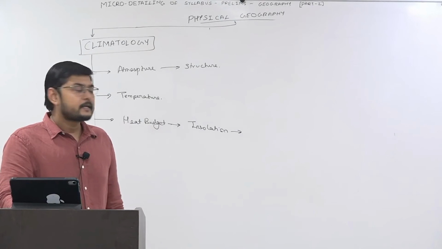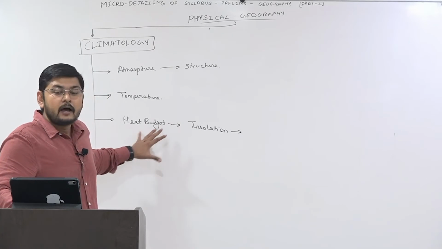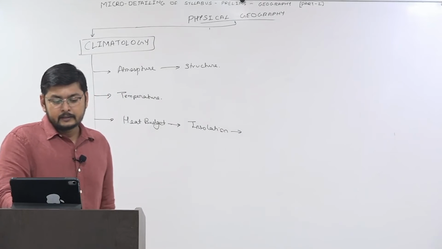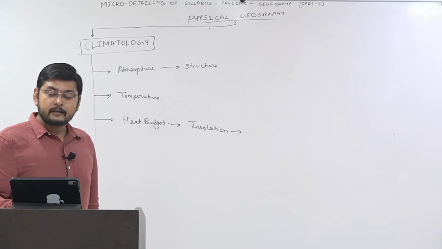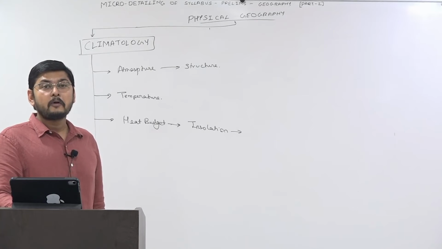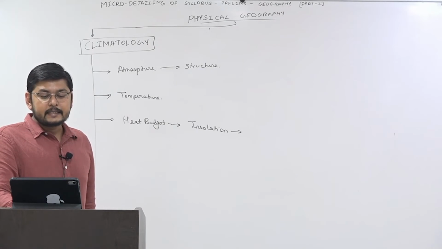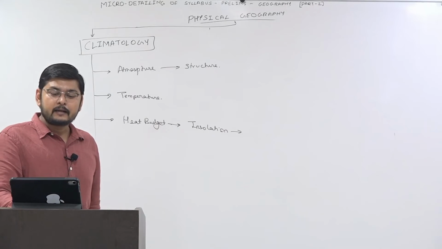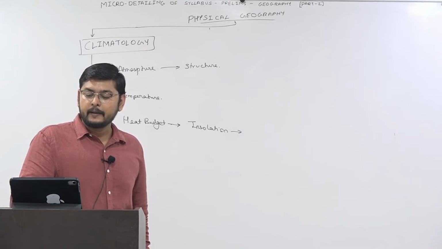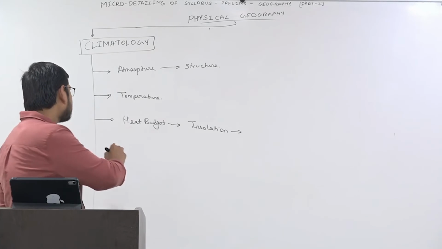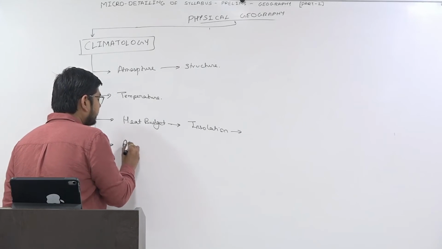We'll study this as part of the heat budget, and how it plays a very important role in the survival of all the biodiversity over the earth. Then next we'll be seeing the different processes happening over the world because of this. Next is atmospheric circulation.